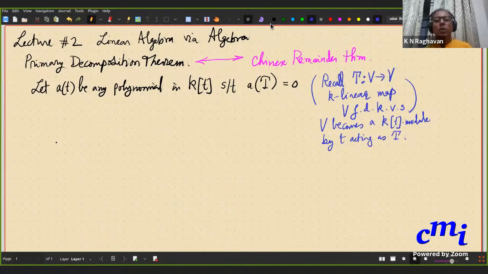Okay, so this makes sense. A of T is 0. So if I plug in capital T for t, then I get 0.